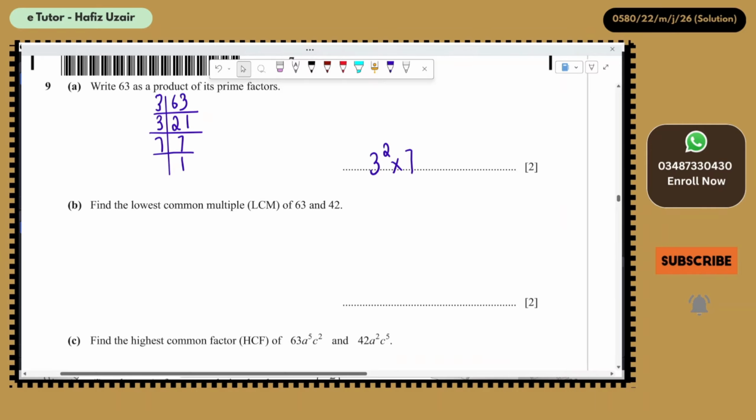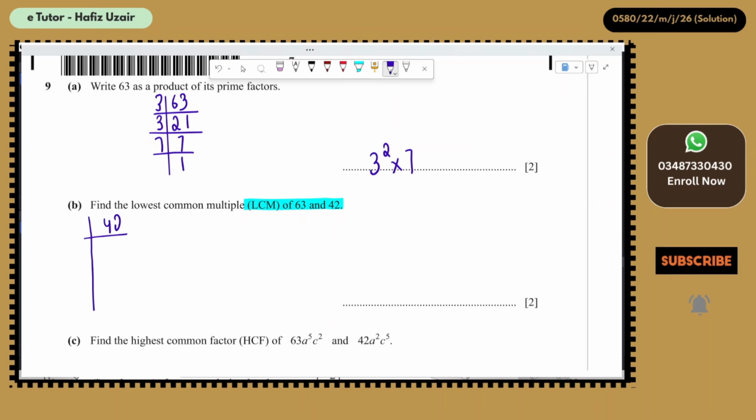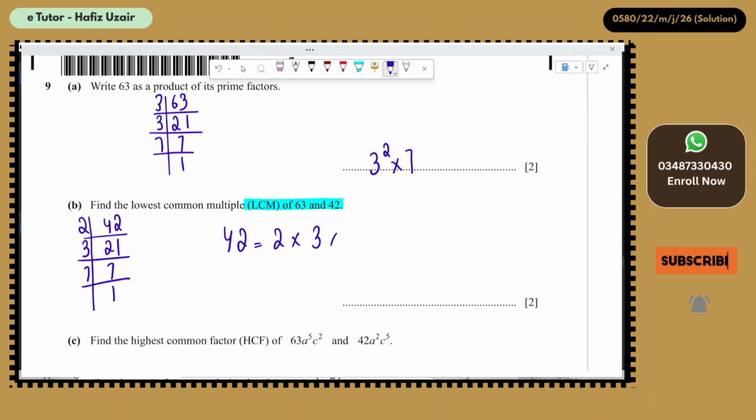Okay, now we need to find the LCM of 63 and 42. So we need to do prime factorization of 42 as well. If we do prime factorization of 42, this becomes 21 and then 3, 7 and then 7, 1, so you can write 42 is equal to 2 multiplied by 3 multiplied by 7.